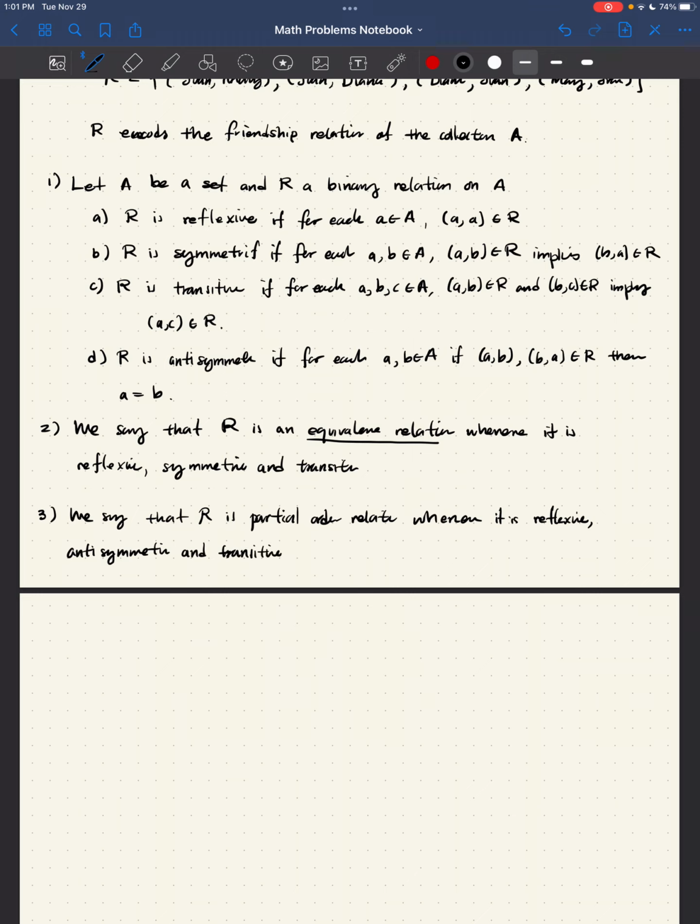So look, I'm going to exemplify this using the following idea. A series of examples. For the first one, I'm going to let A be the following collection of numbers: 1, 2, 3, and 4.